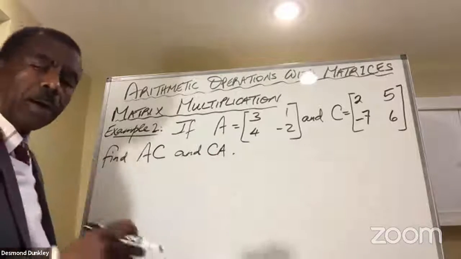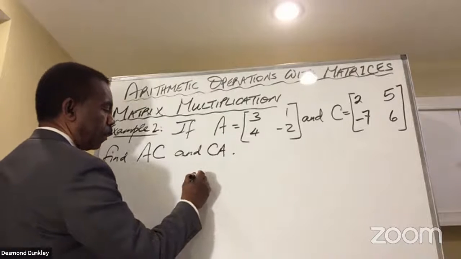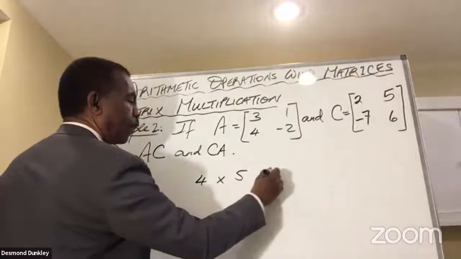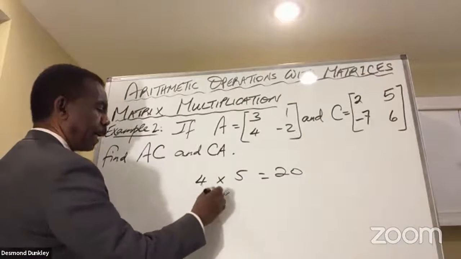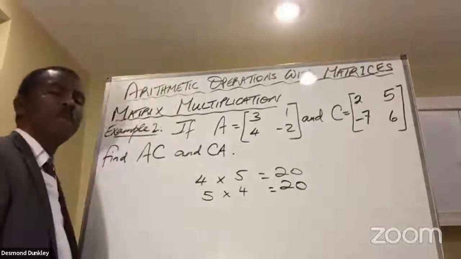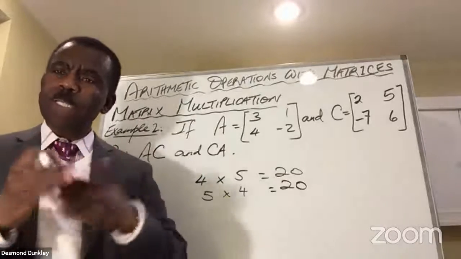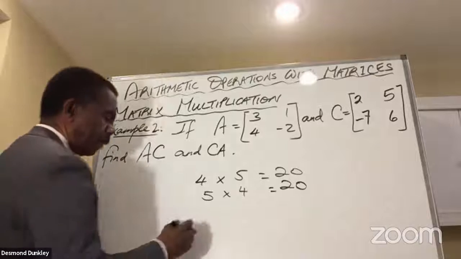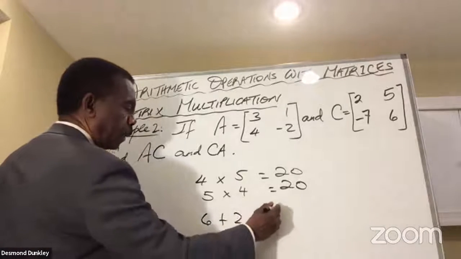Watch this. In normal arithmetic, if I gave you 4 times 5, you know that's 20. If I gave you 5 times 4, you know that's 20. So it doesn't matter which number goes first, the result is the same. Similarly, if I gave you 6 plus 2, the number is 8.